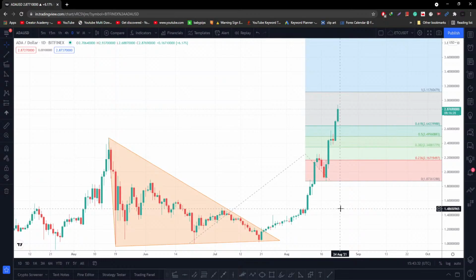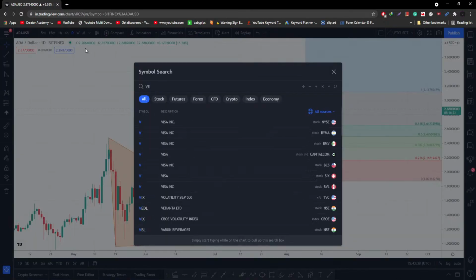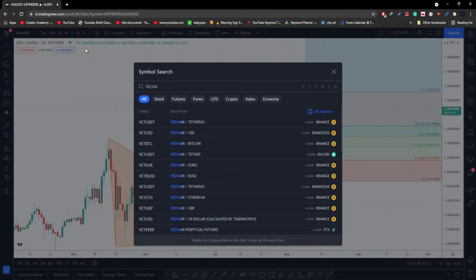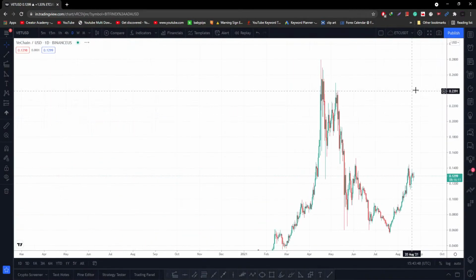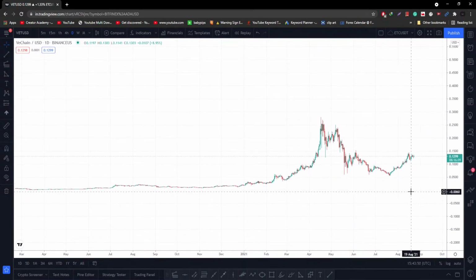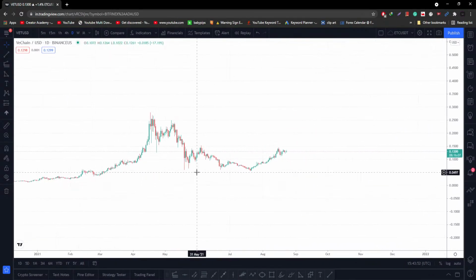We'll take a look at VeChain. Okay, so this is what I think about Cardano, and maybe I can open VeChain for you because VeChain is one of my favorites. VeChain is a very promising business. It is supply chain.